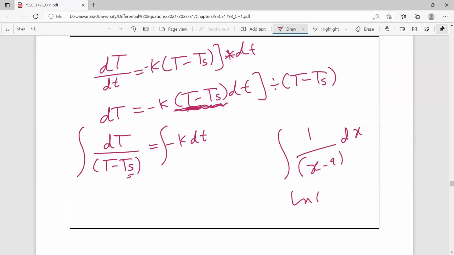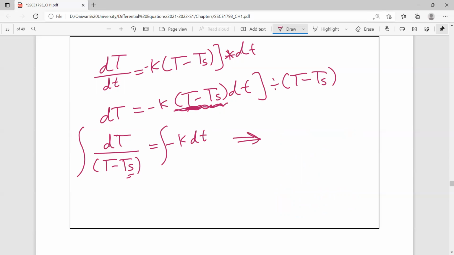It's ln of (x minus 2). It's the same. Ts is a constant. And we take the integration with respect to dT. It's ln of (T minus Ts). Yes, it's the same as that example that I gave.